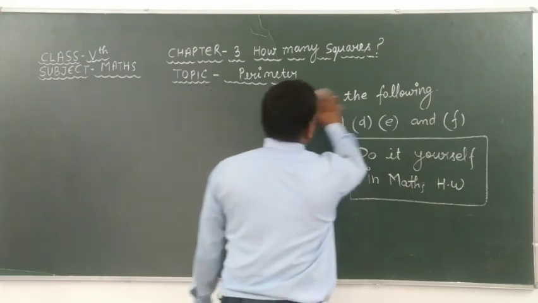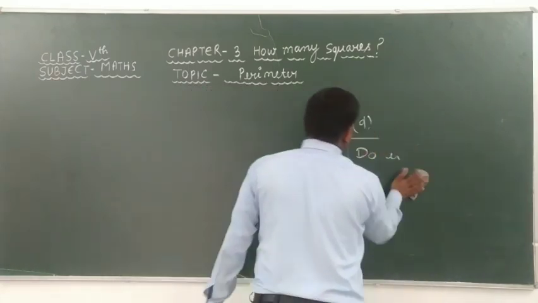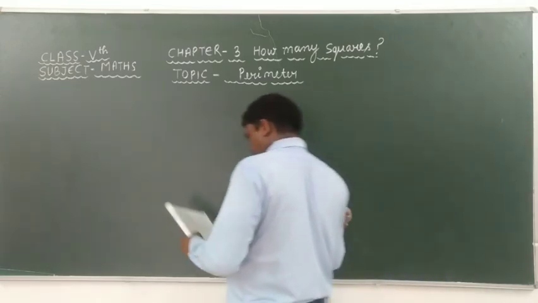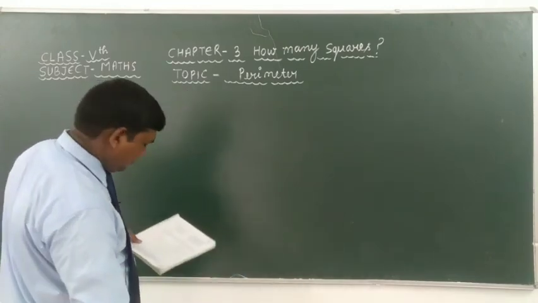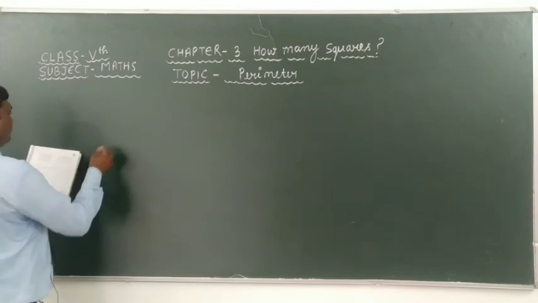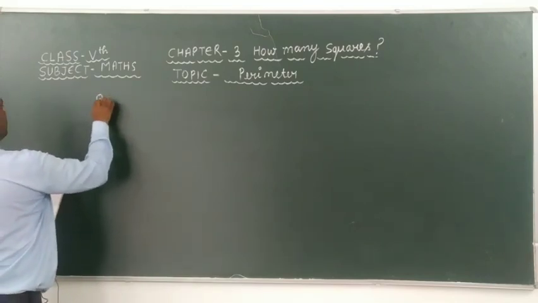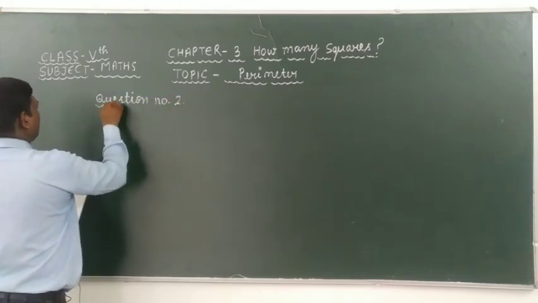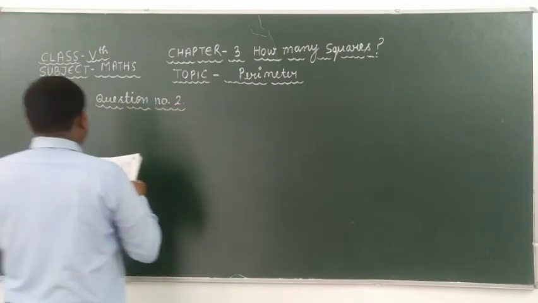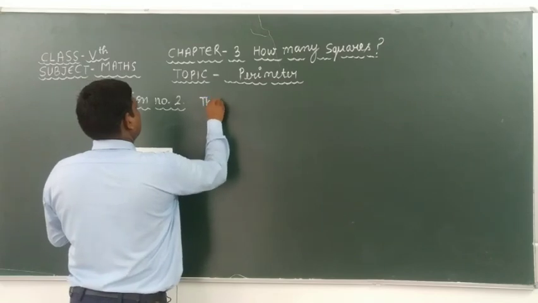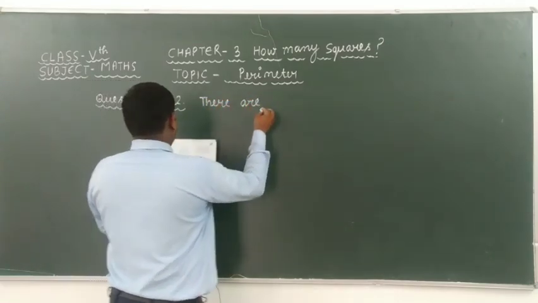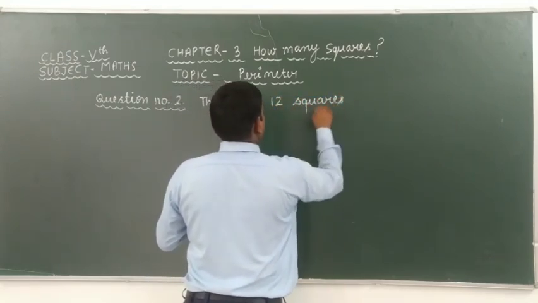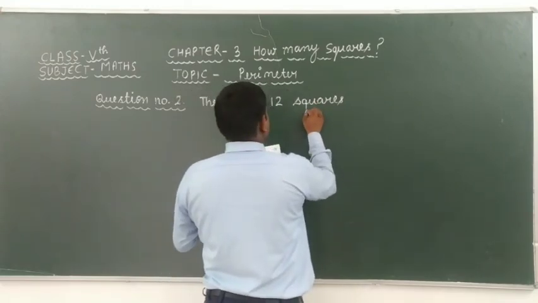Now let's start question number 2. There are 12 squares, each of side 1 centimeter.